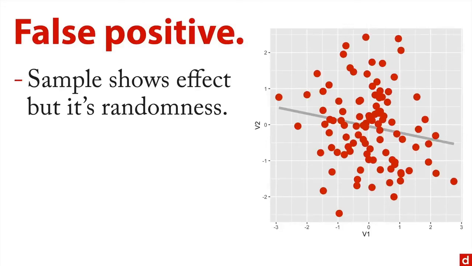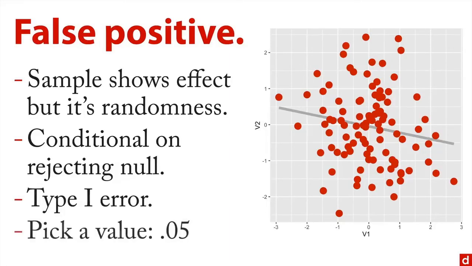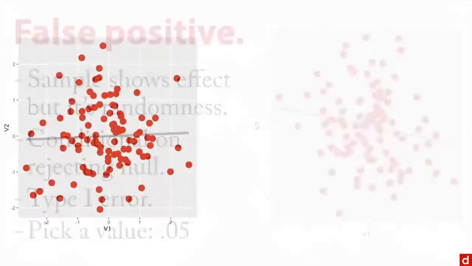It took about 20 rounds, but it looks negative, but there's really nothing happening. The trick about false positives is that it's conditional on rejecting the null. The only way you can get a false positive is if you actually conclude that there's a positive result. It goes by the highly descriptive name of a type 1 error, but you get to pick a value for it, and 0.05, or a 5% risk if you reject the null hypothesis, is the most common value.